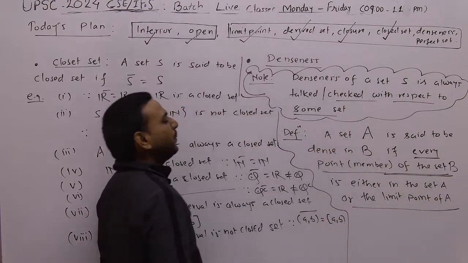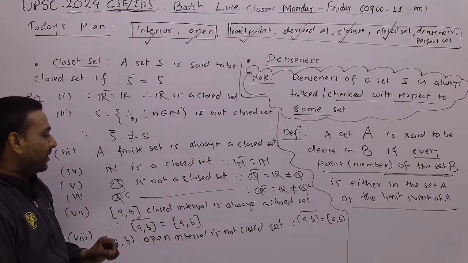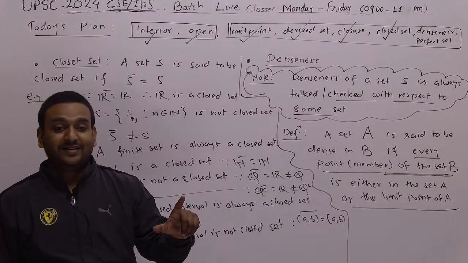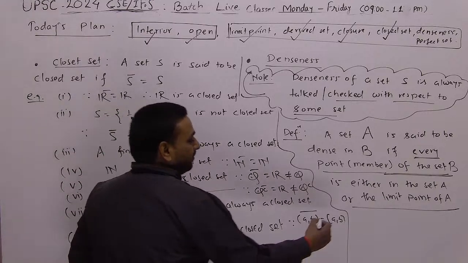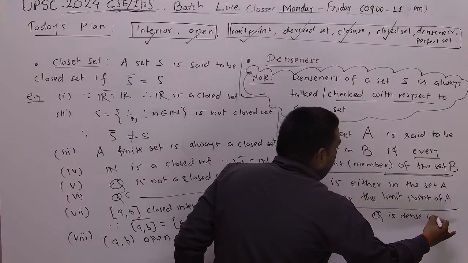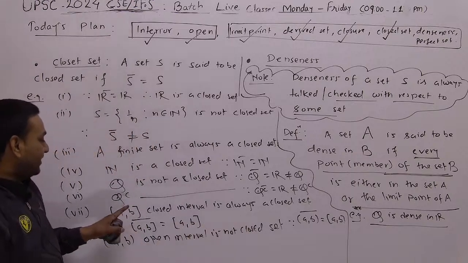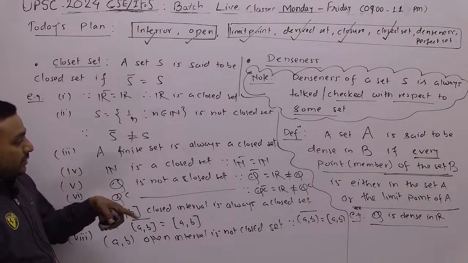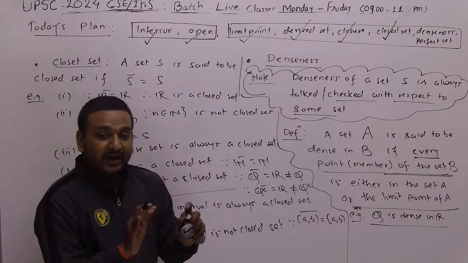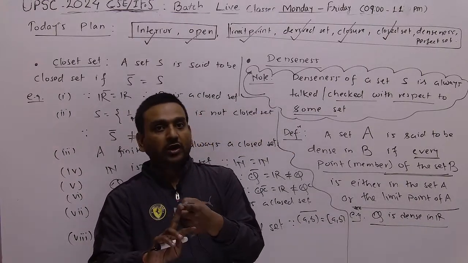Very good, see carefully. If you say Q is dense in R, it is a very good example. For example, Q is dense in R. Make a point and write it down. Why? The reason is here. If you observe Q and R, any real number you take will be either rational or irrational.